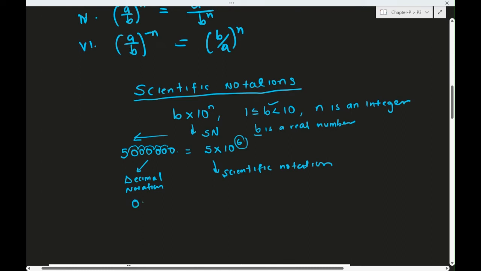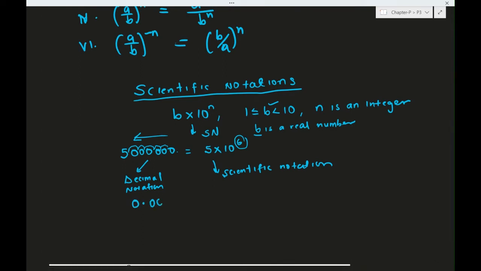For example, say you have a very small number, 1, 2, 3, 4, 5. To write this in scientific notation, we are going to move the decimal point this way, from left to right, so definitely the n is going to be a negative integer.